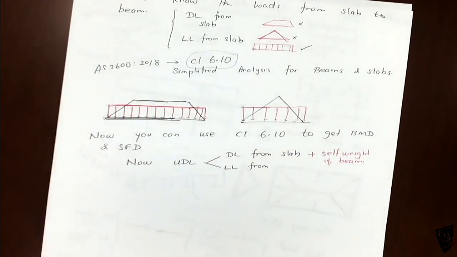When you have the dead loads from the slab, you need to add the self weight of the beam, because that is not included earlier; only the slab weight is included. The live load from the slab comes as it is, because there is no additional live load for the beam. So now we have total dead load and live loads.